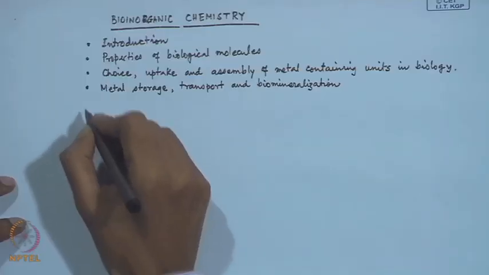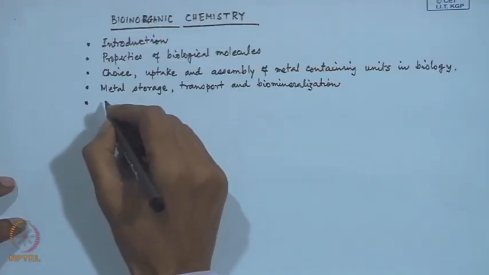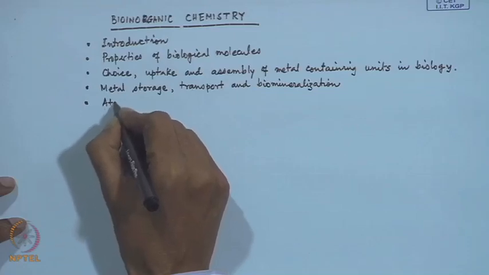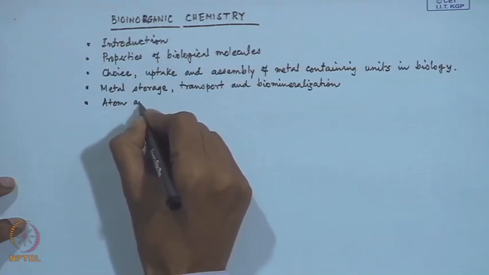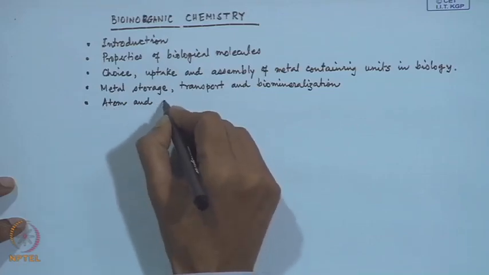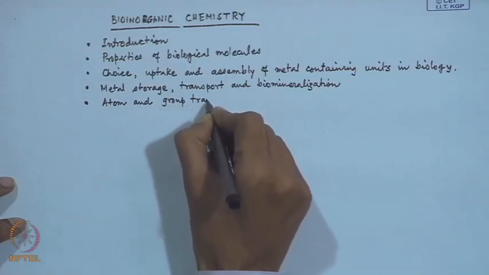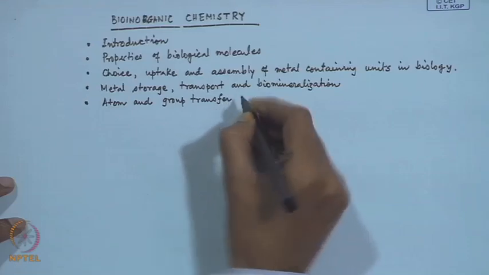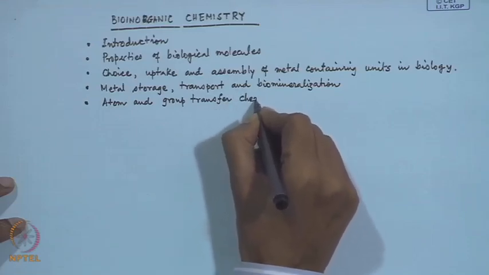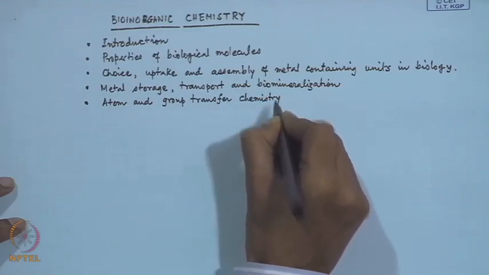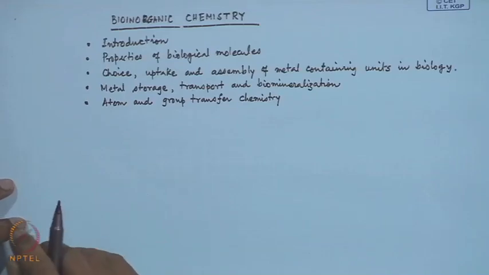Next, we will just talk about atom and group transfer chemistry. This is nothing but how we can transfer one particular atom or a particular group from one system to the other.